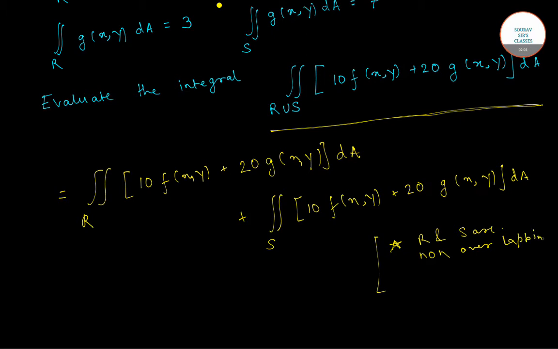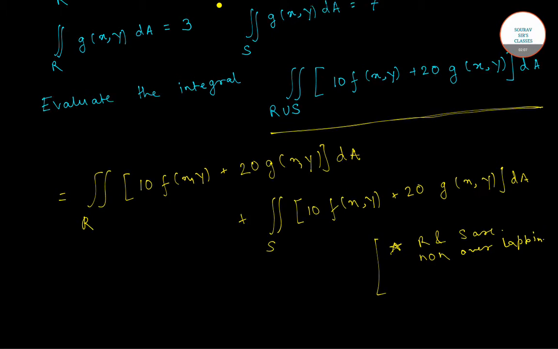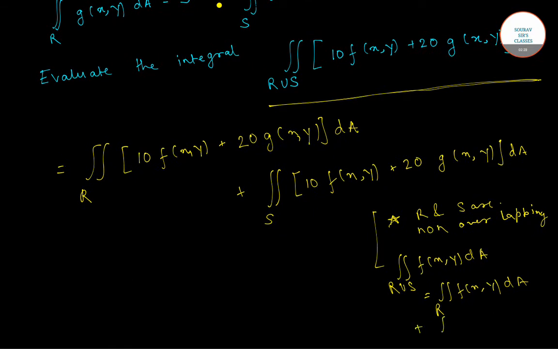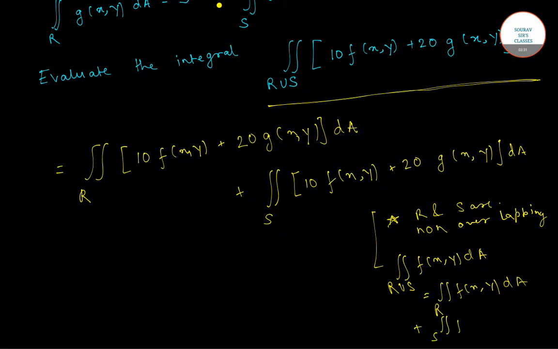Then by using the formula, the double integration over R union S of f(x,y) dA equals the double integration over R of f(x,y) dA plus the double integration over region S of f(x,y) dA. Using this property we can write our question as this.